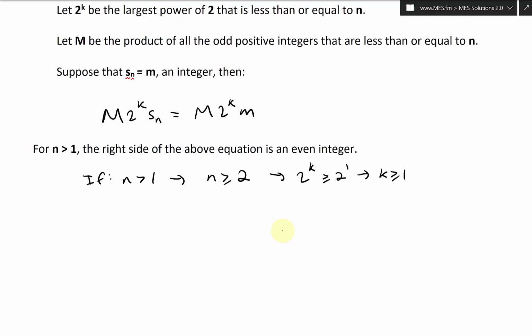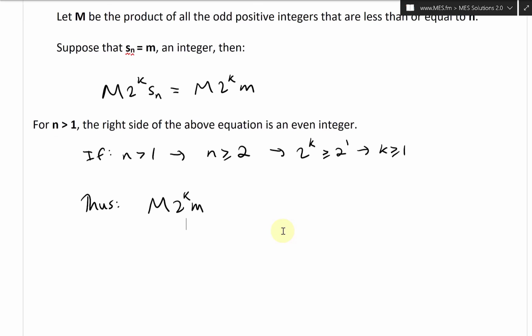Thus, we have m times 2 to the k times the odd product. Let's look at the first case. Lowercase m is an integer, which could be even or odd, it doesn't matter.